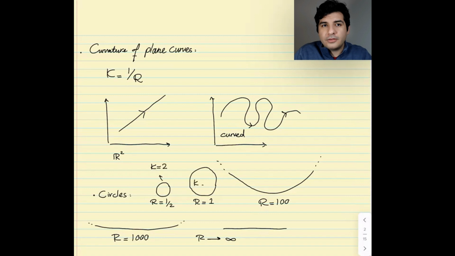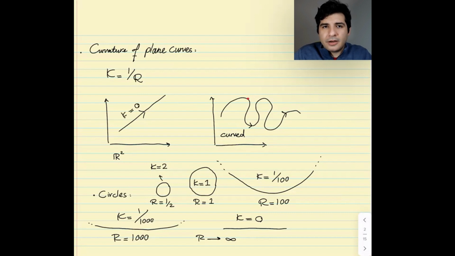So one way to quantify that is to define curvature to be 1 over radius. So if radius is 1 over 2, curvature would be 2. If the radius is 100, curvature would be 1 over 100. The straight line can be understood as the case where the radius goes to infinity, so the curvature should be 0, like 1 over infinity, right?